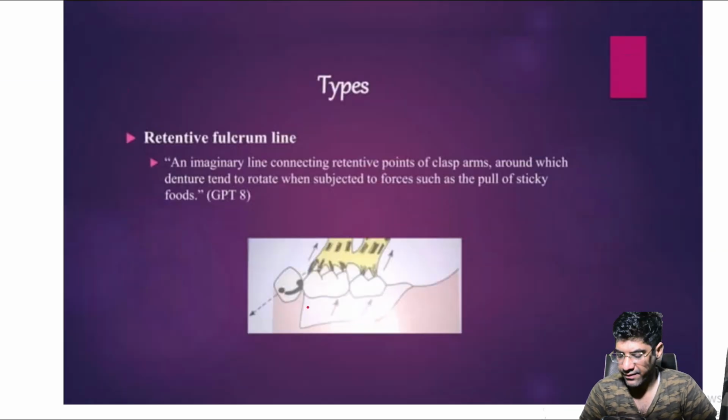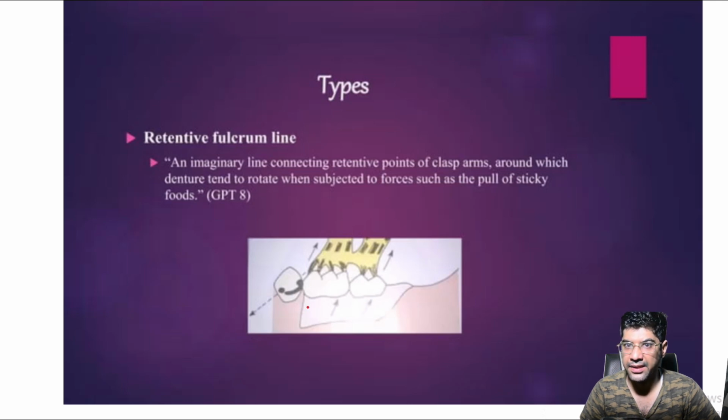So the types of fulcrum line: the fulcrum lines can be retentive fulcrum line. The retentive fulcrum line connects the retentive points of the clasp arms.